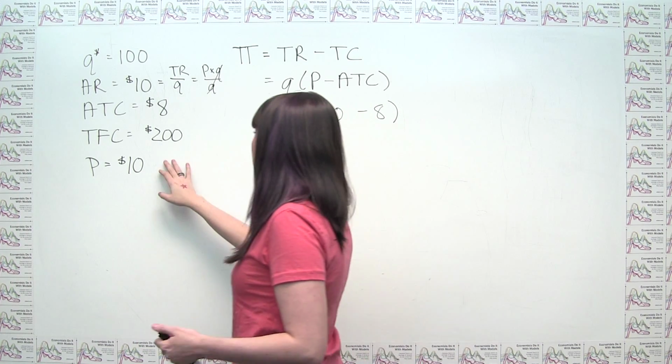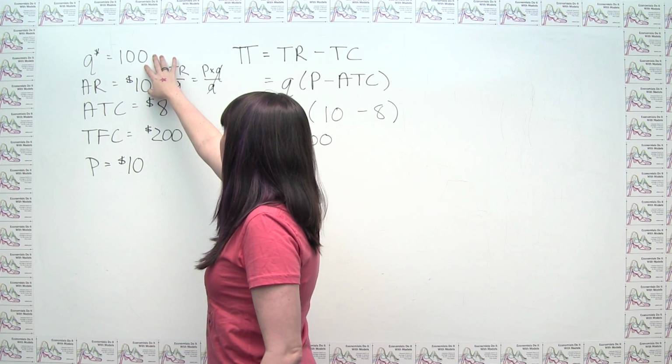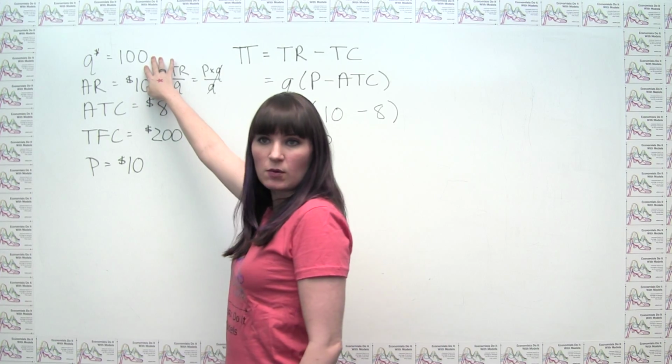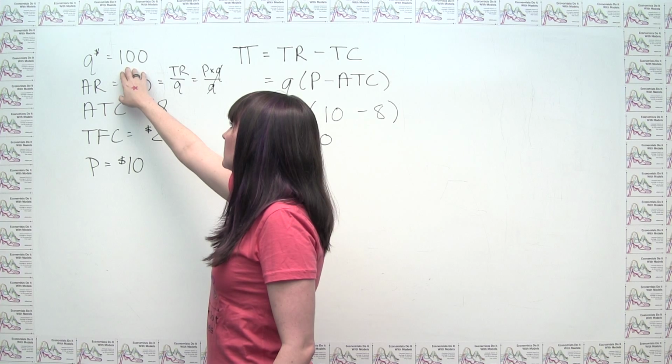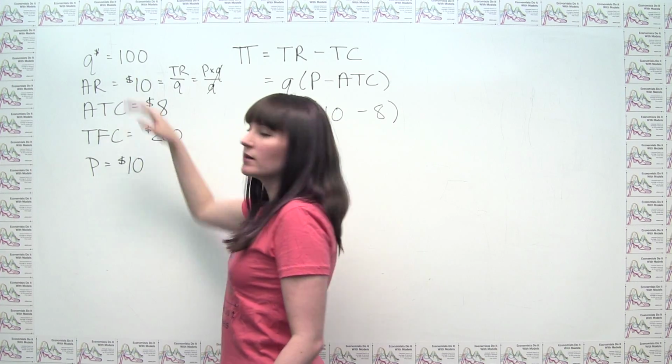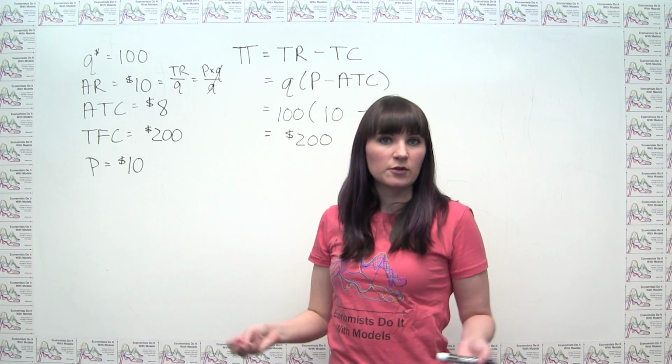So we can think about what we have here that would help us understand this. One of the things I said before is that if we see the firm is producing this quantity here, then we can infer, unless told otherwise, that this is the quantity that is profit maximizing for the firm.